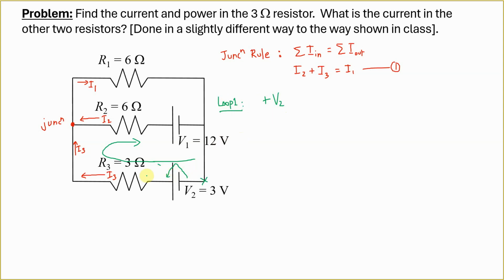And then I meet the resistor. Basically, apart from the battery, every other component in a circuit will have electric field and current in the same direction. So the current I3 I have defined to go this way, from right to left. So I am also moving in the same direction as the current.